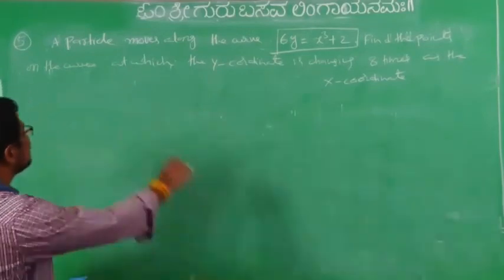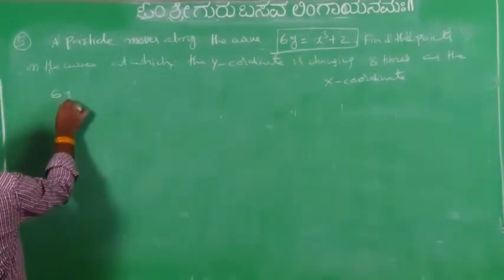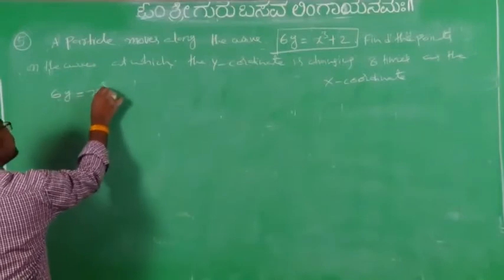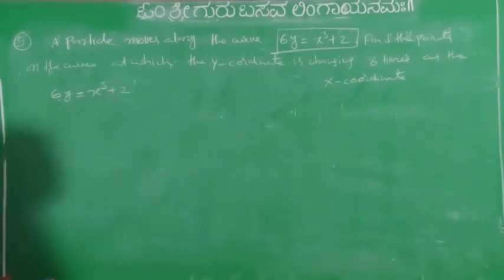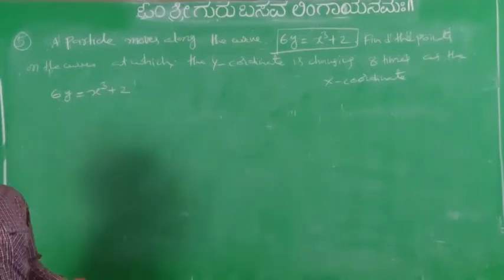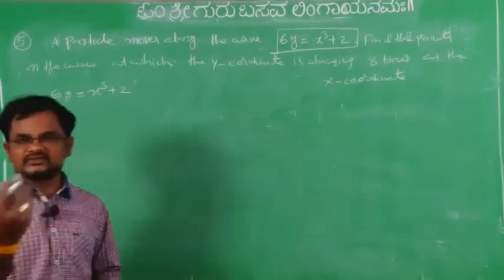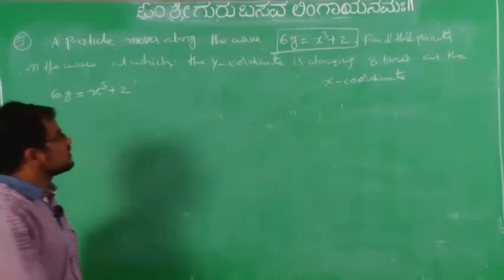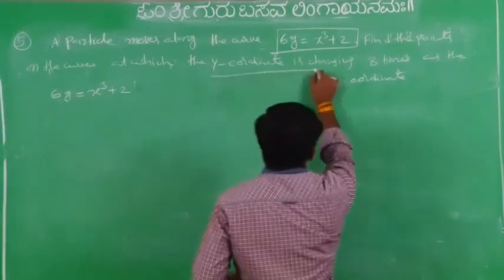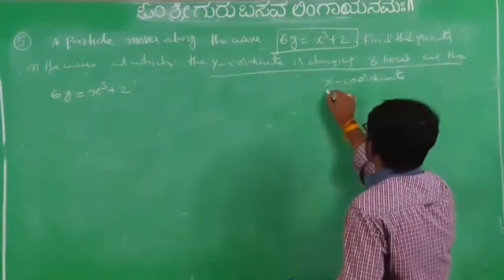First, the given curve is 6y equal to x cube plus 2, right? Now differentiating with respect to time, even if you take that, you will get the answer, or you can also do it without that. But what is given is that the y coordinate is changing 8 times as the x coordinate.